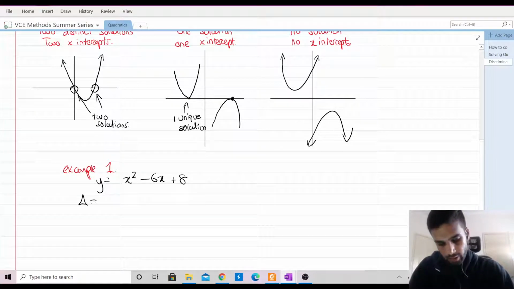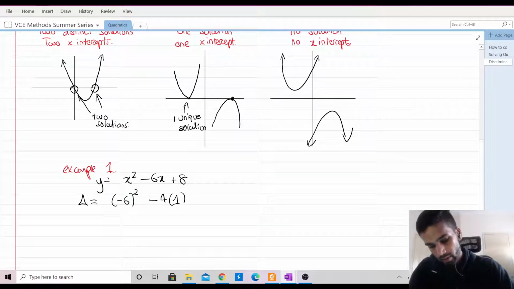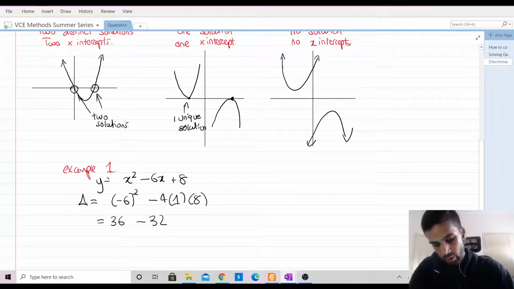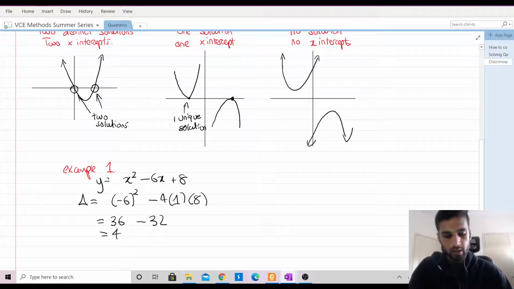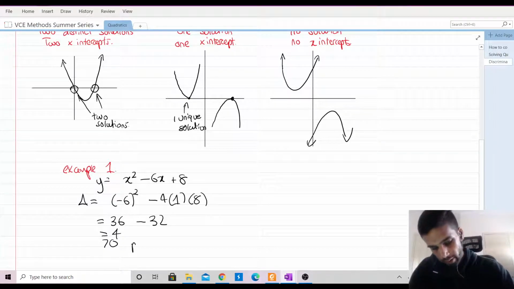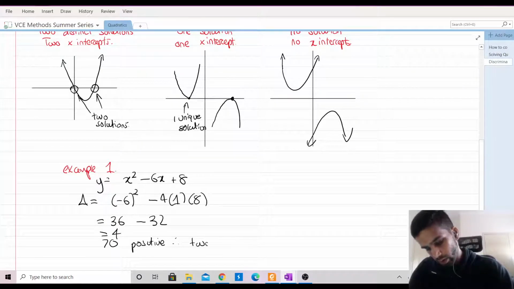In this case, the discriminant is b squared, so negative 6 squared, minus 4a, which is 1, c, which is 8. This is 36 minus 32, which is 4. The 4 itself doesn't tell us anything. All we know is this number is positive, and therefore that means there are two solutions.